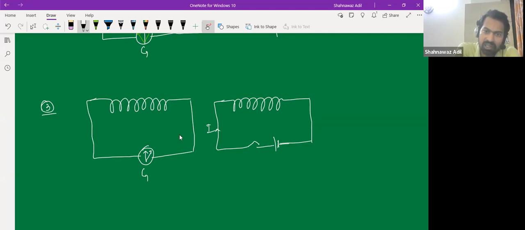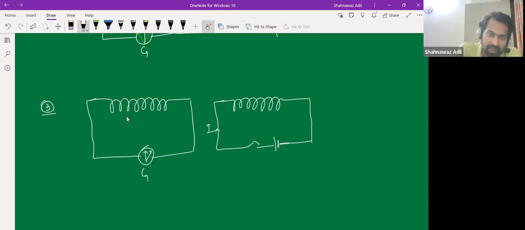So in the third case, we are not moving the coil. We are just switching on or switching off the coil, right? Just switching on, the current will start to increase. It will have some current momentarily, and then it will become constant just after a few seconds. But between that time, the current was changing in this coil, so this coil will have different kinds of magnetic field.